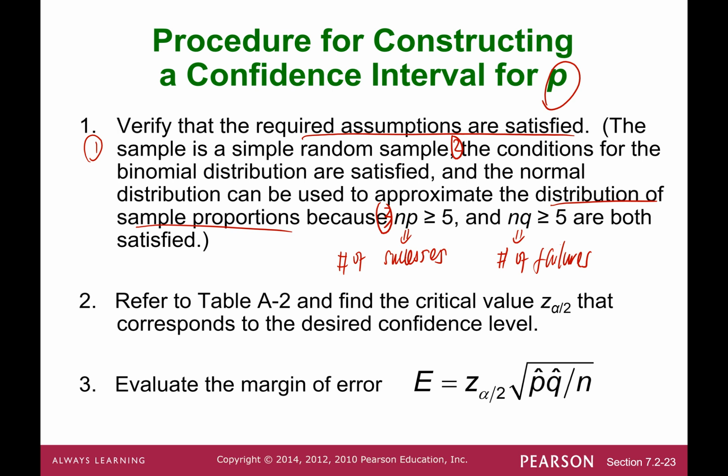After that, we move on to step number 2. We refer to table A2 and find the critical value z alpha over 2 that corresponds to the desired confidence level. Then the third step: evaluate the margin of error using the formula, critical z-score times the square root of p hat times q hat over the sample size.